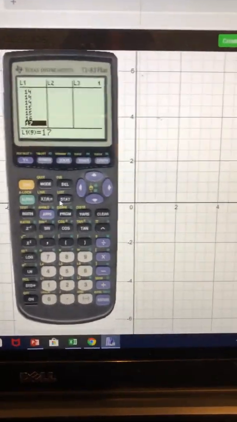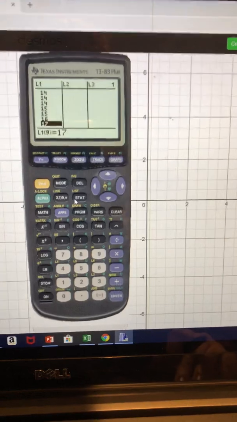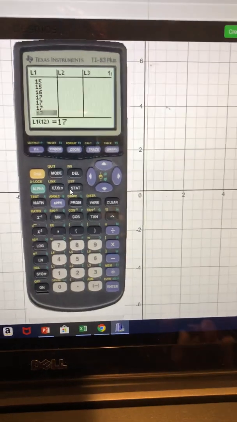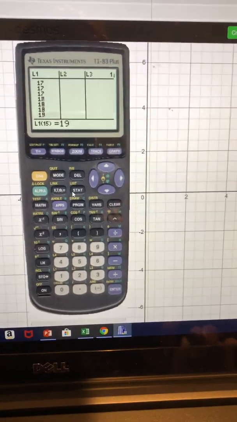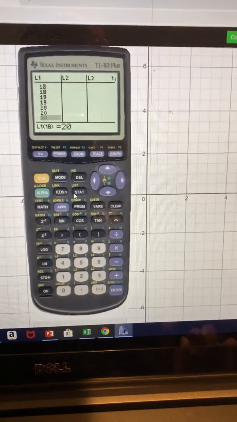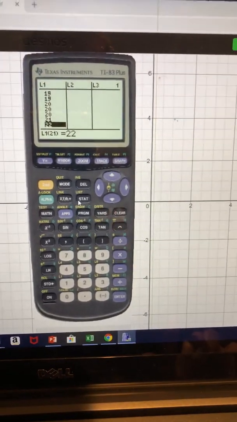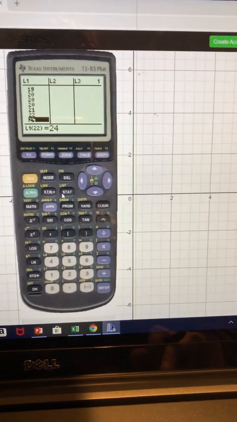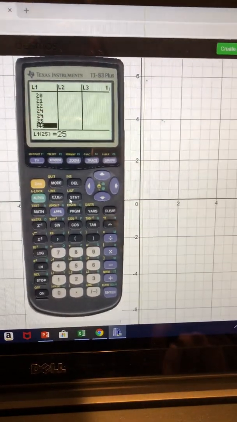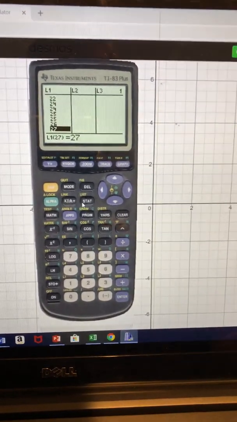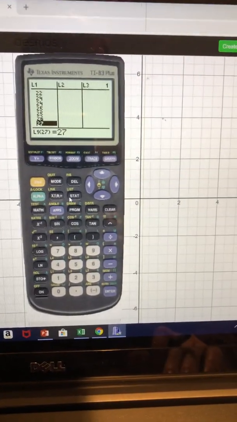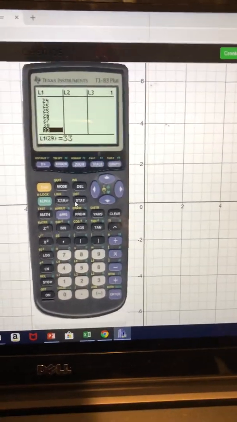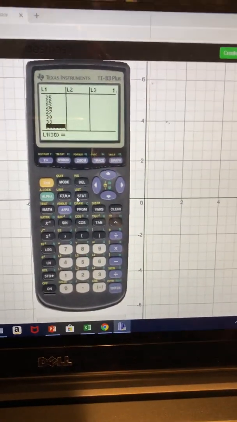Yes, that's what I wanted. 17 to 21, we have 1, 2, 3, 4, 5, 6, 7, 8, 9, 10, 11, 12, so 12. 22 to 26, we have 1, 2, 3, 4, 5, 6, so 6. 27 to 31, we have 2. And then 32 to 36, we have 1.